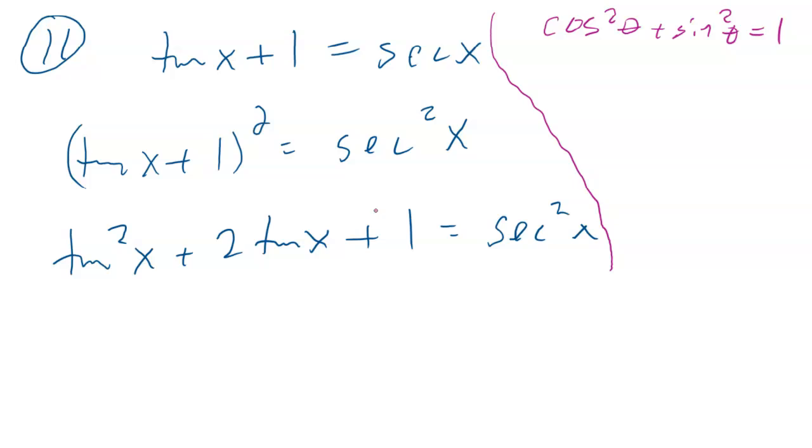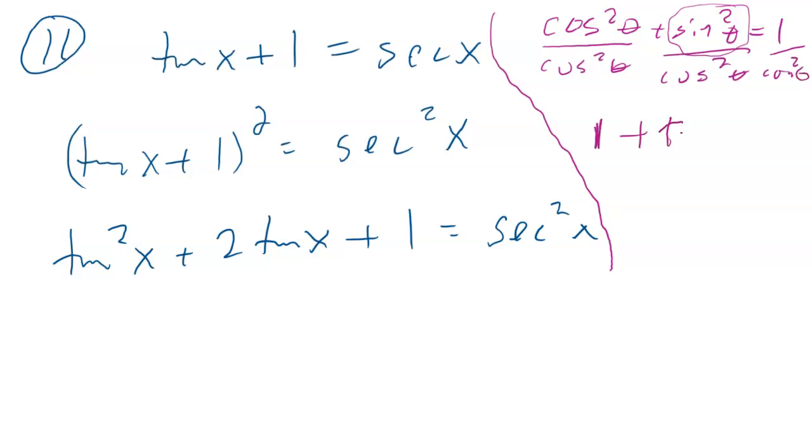And so I got like, how do I make a tangent here? Well, if I already have a sine, if I divide everything by cosine squared, I will get a relationship between tangent and secant. So I'm dividing by cosine squared. This will turn into 1 plus tangent squared theta is equal to secant squared theta.